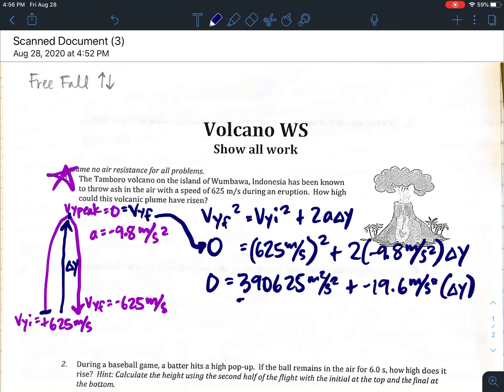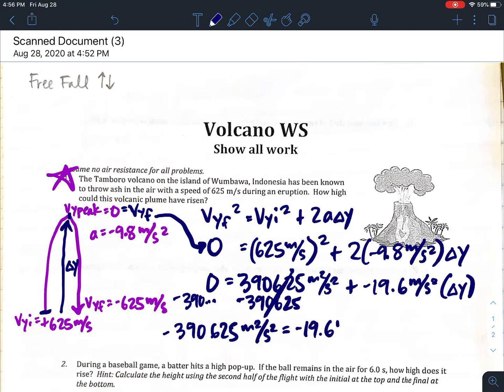So next step is to subtract the 390,625 from both sides. So now I have negative 390,625 equal to negative 19.6 meters per second squared times delta y. Divide both sides by negative 19.6 to get y by itself. And that gives me my answer.